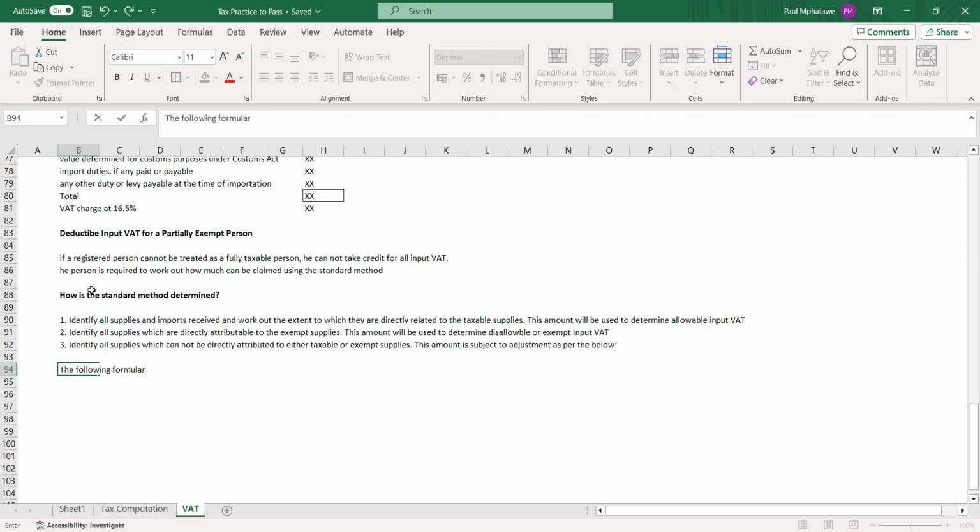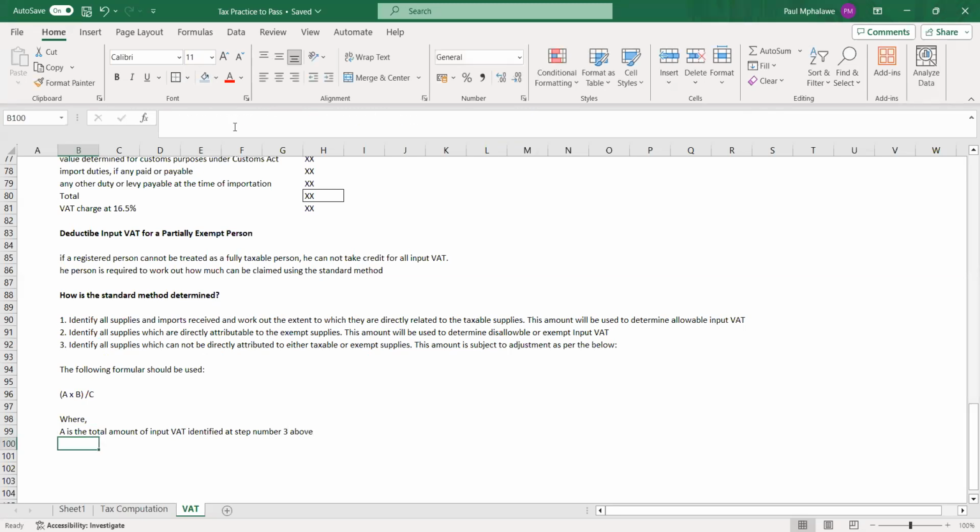The following formula should be used, okay, where we're saying A times B, the answer that you find on A times B, you need to divide by C. A times B divided by C, where A is the total amount of input VAT identified at step number 3 above.